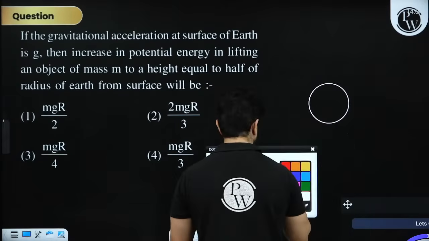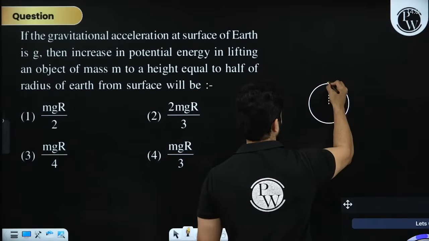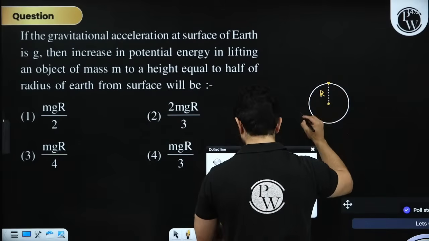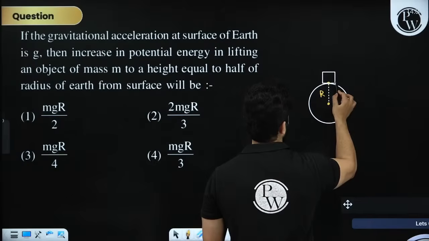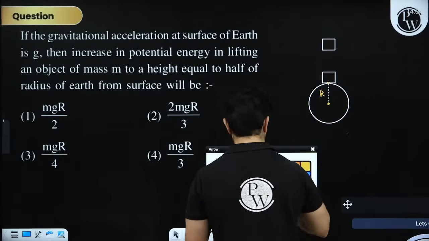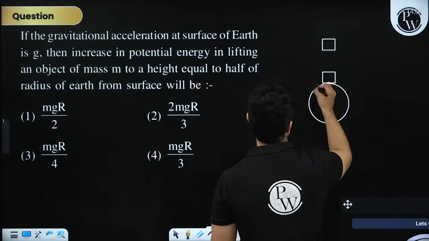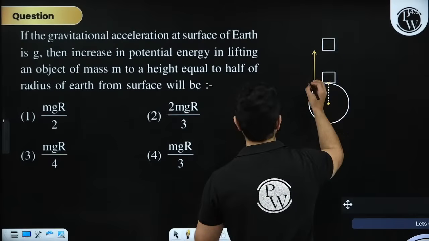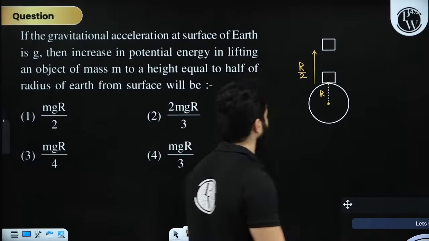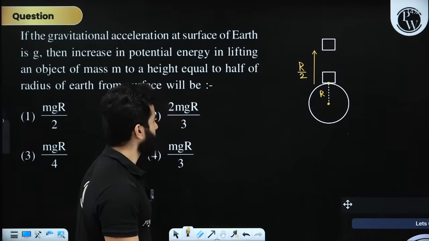So friends, initially the object was at this point, and then we are increasing it to a height of R by 2, half of the radius of Earth. That means this is R by 2. We are increasing it by half of the radius, and then we want to find the potential energy.